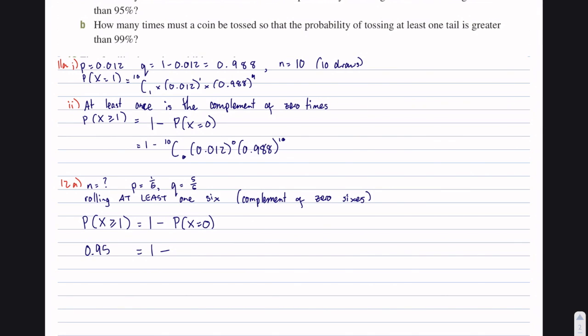And this would be, well, we're doing it n times, nC0, 1/6 to the 0, 5/6 to the n.